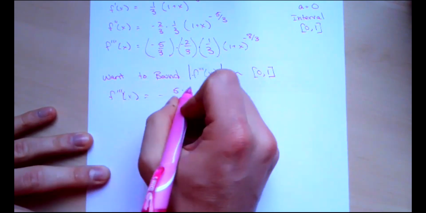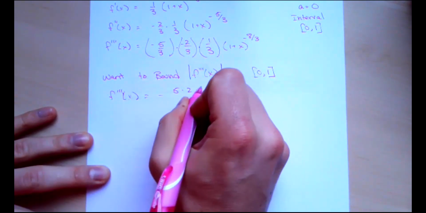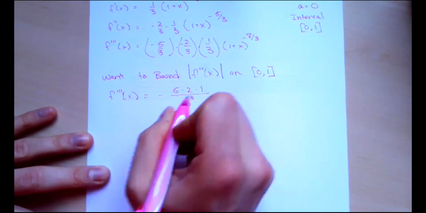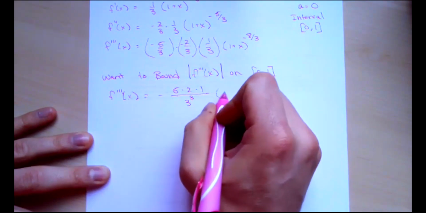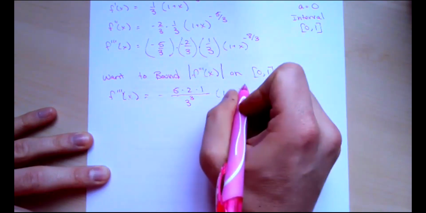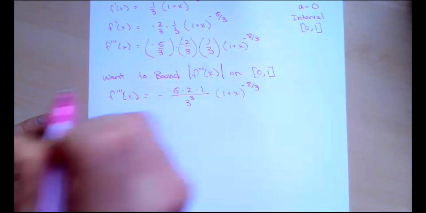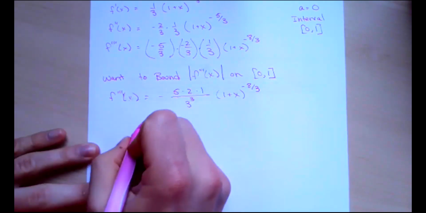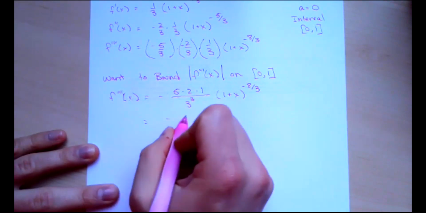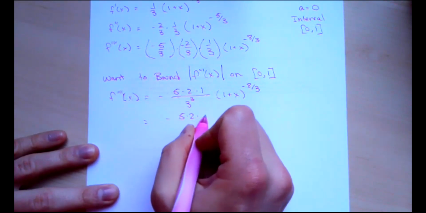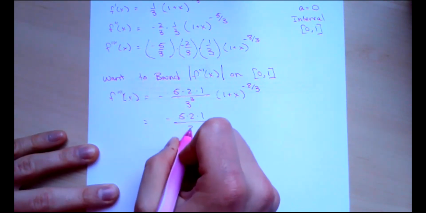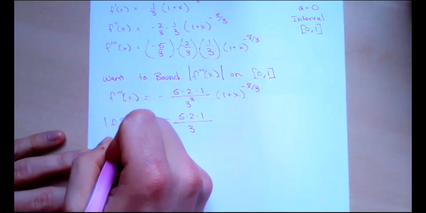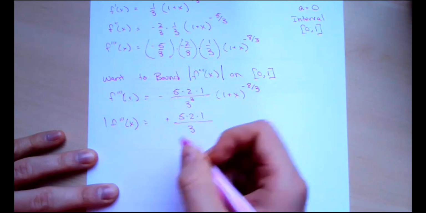It's going to be 5 times 2 times 1 over 3 cubed times 1 plus x to the negative 8/3. I'm going to keep writing the constants separated out. Sorry, when we take an absolute value, the negative will go away.